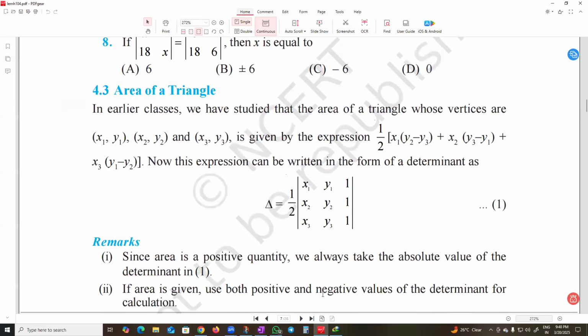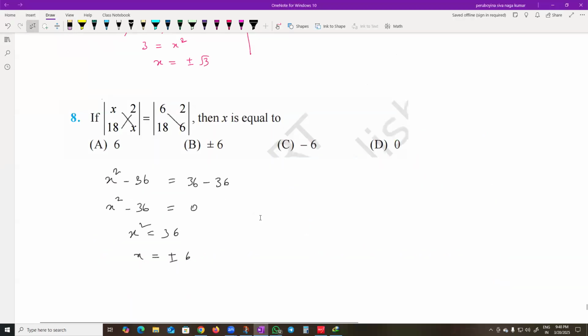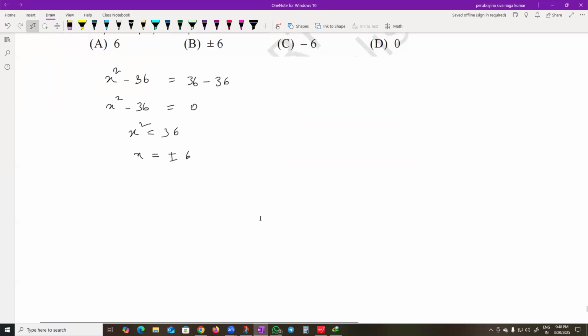Next, area of the triangle. The most useful to calculate, so we will use determinant for identifying the coplanarity, use of det to confirm coplanarity.